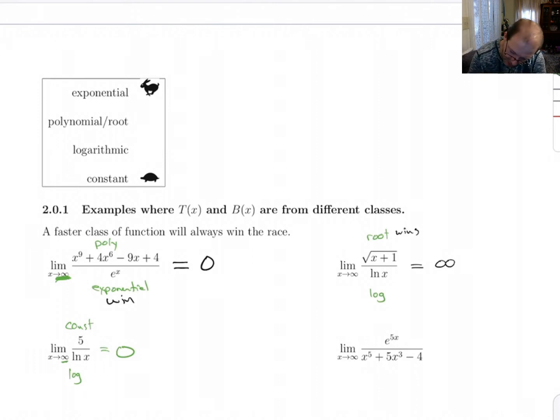All right, and this last one over here, the top is an exponential, the bottom is a polynomial, and we know that exponentials always beat polynomials because they're faster than polynomials. So the top is going to win, and this is going to go to infinity. This is another one where you can use L'Hopital's rule a bunch of times.